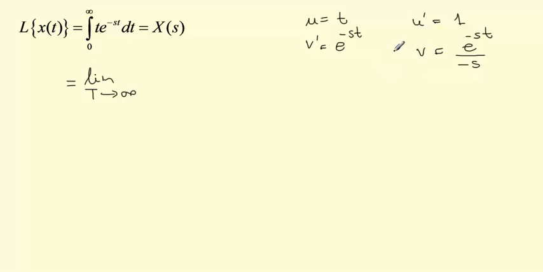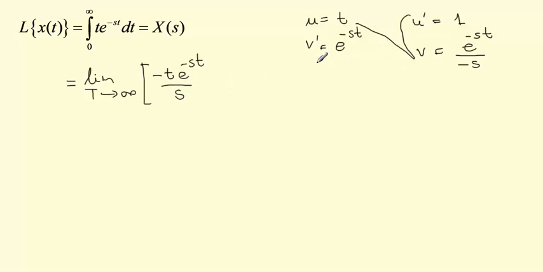So according to the product rule, we would multiply these two and have these two under the integral sign. What we're going to have is minus t e to the power minus st over s.